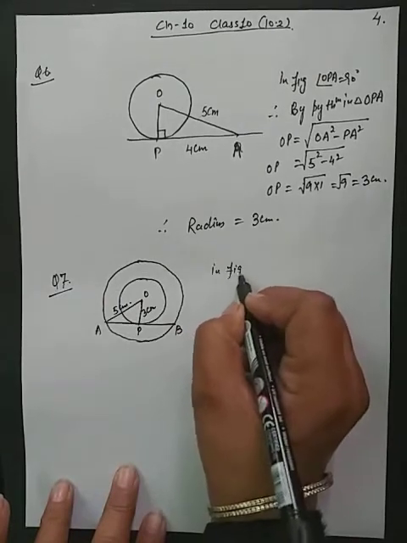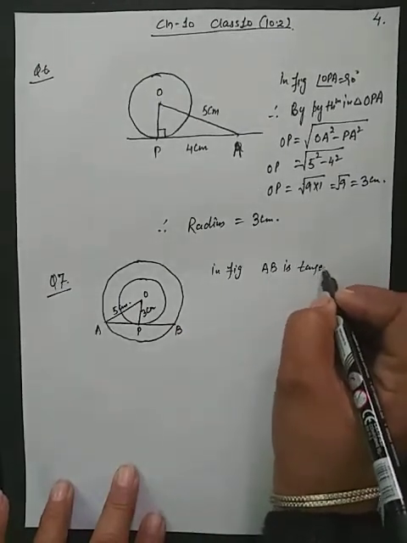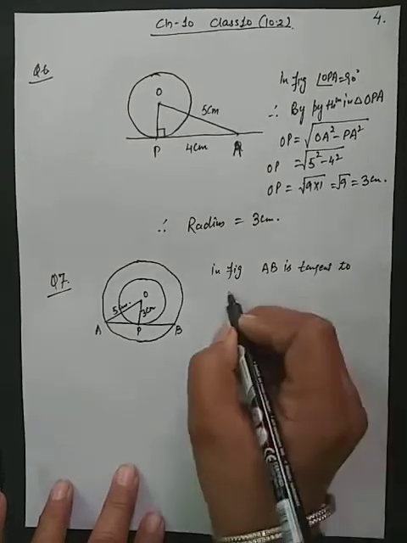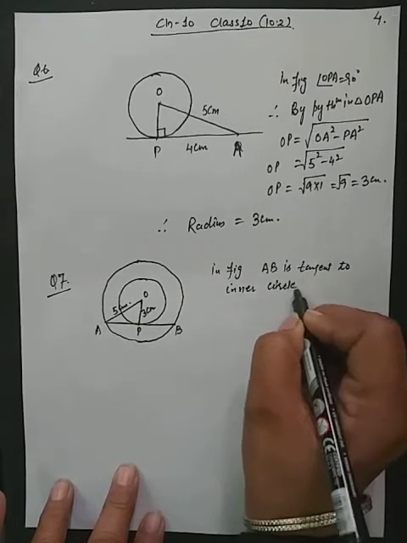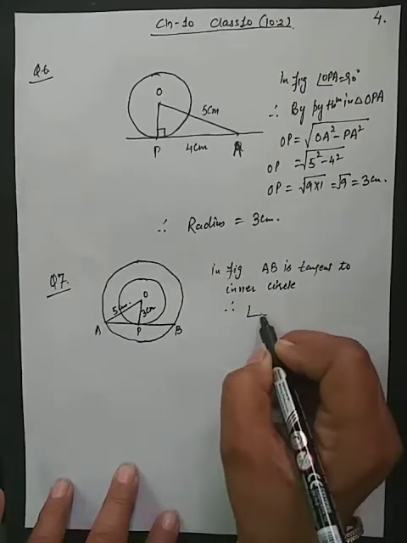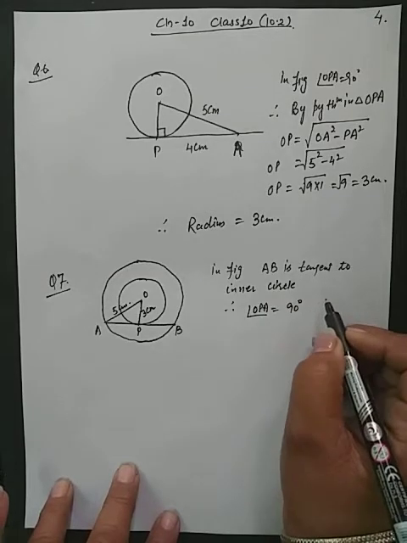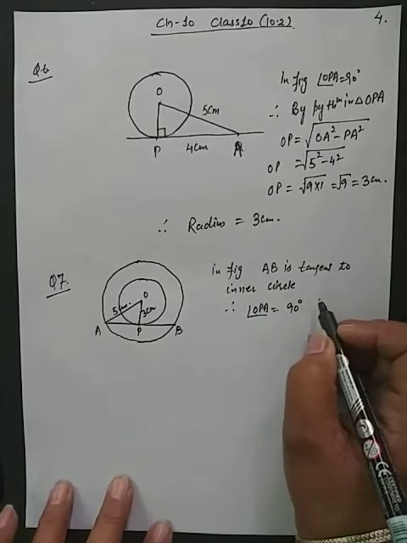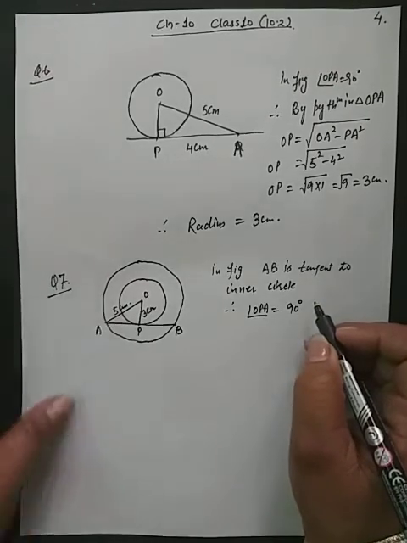In figure, AB is tangent to inner circle. So therefore angle OPA will be of 90 degree, angle at the point of contact between radius and tangent.